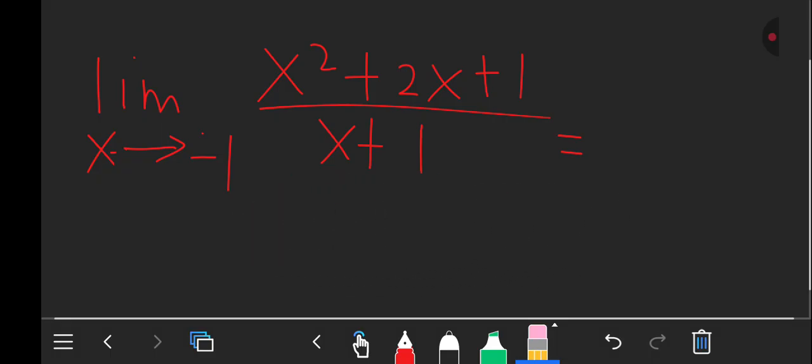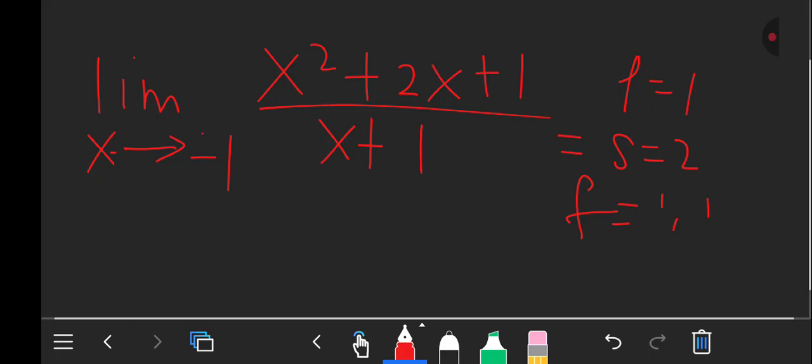So what do we do? The first thing you need to do here, you need to factorize this. When you factorize this, you'll find first the product, sum, and the factors. So the product there will be just positive 1. The sum is just 2. The factors are now 1, 1.